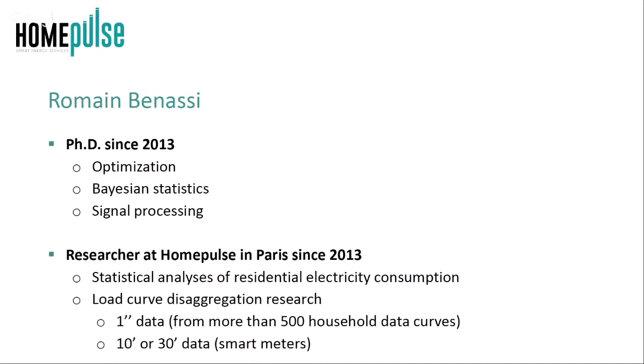I work on 1 second to 5 second data sets, but also on smart meter data, 10 minutes, 30 minutes. But for this specific talk, we need to see the devices when they are turned on, so it's related more to the 1 second to 5 second data than smart meter data.